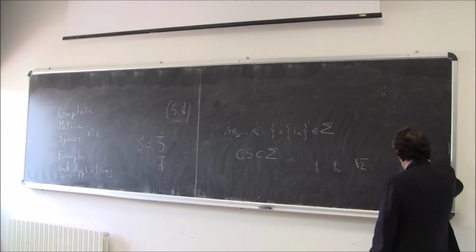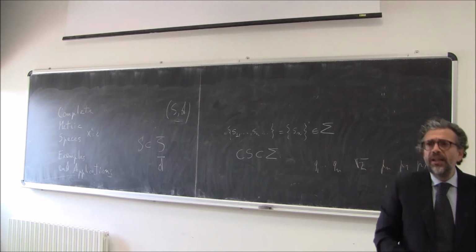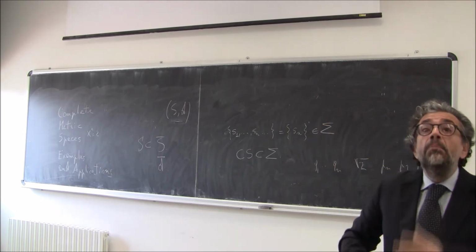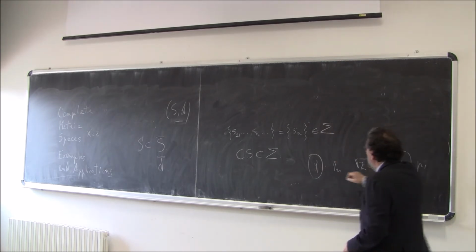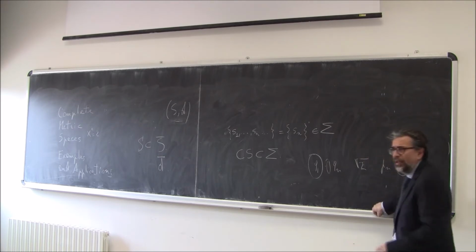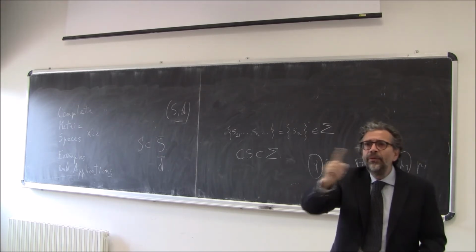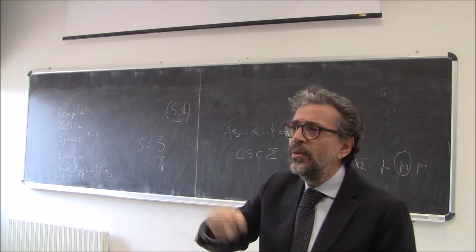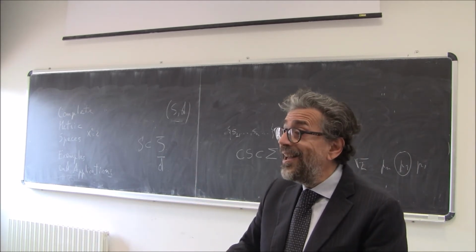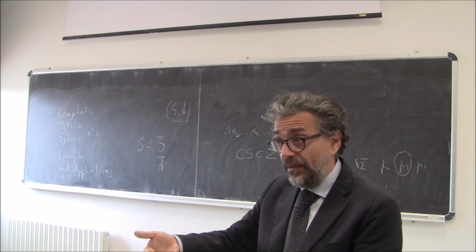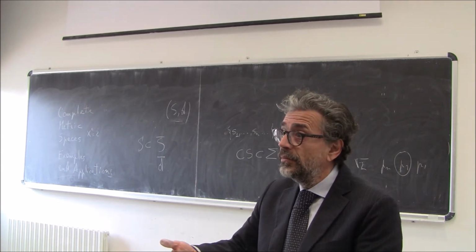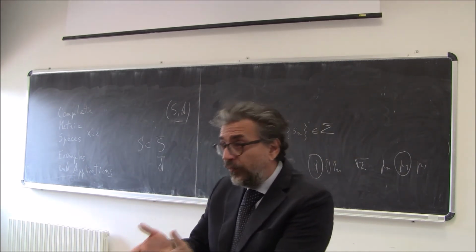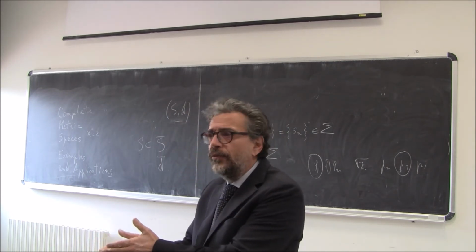I can build a sequence P1, P2, Pn of rational numbers approximating from beyond. But what can I do? I can choose Q1, P2, Q3, Q4, so I can jump back and forth, and I'm still approximating square root of 2. So there are many equivalent Cauchy sequences which are approximating square root of 2. There are many different ways of approximating square root of 2.